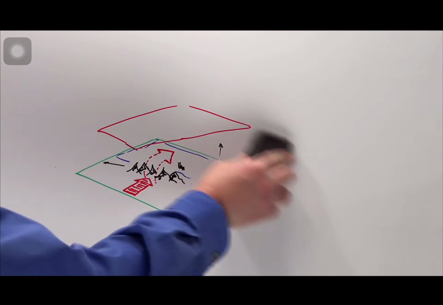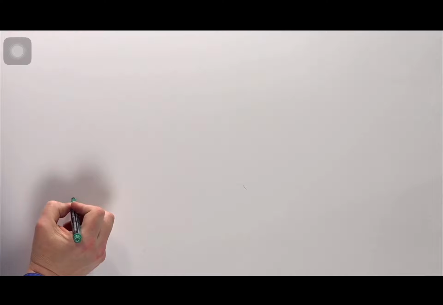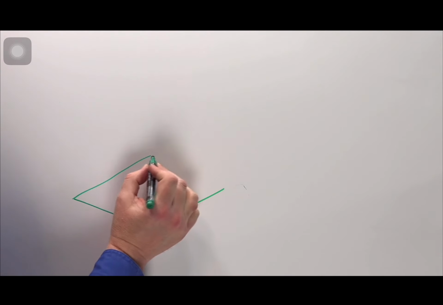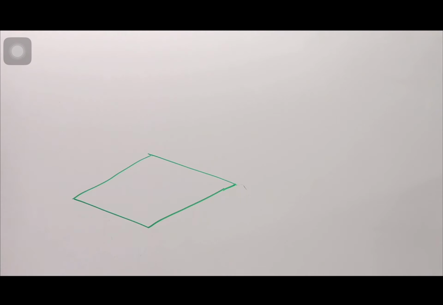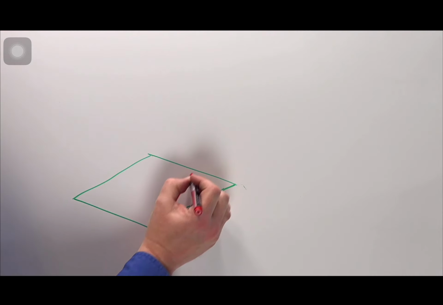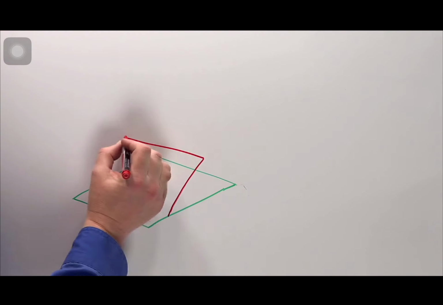Okay, so goodbye upper warm front. And then let's imagine now this is a surface warm front. So we will draw the frontal slope here like this, something like that.